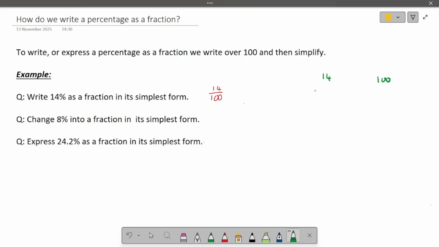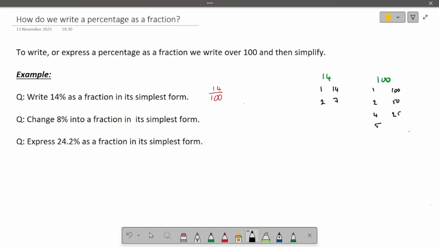like so. 14 will divide by 1, give me 14. It will divide by 2, giving me 7. That's about all that 14 will divide by. 100 will divide by 1, give me 100. It will divide by 2, give me 50. It will divide by 4, give me 25.